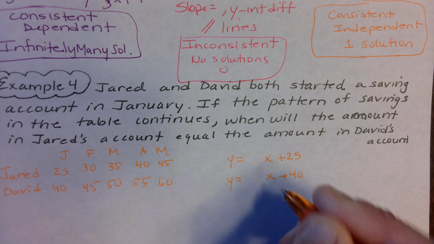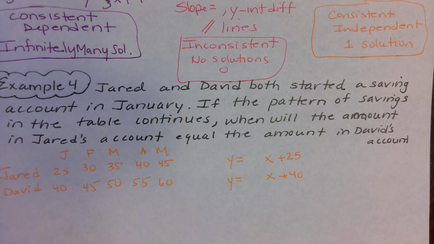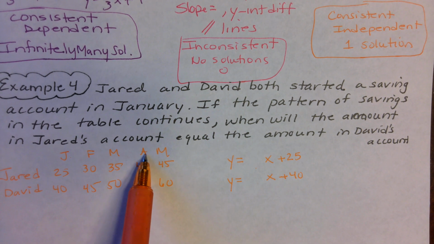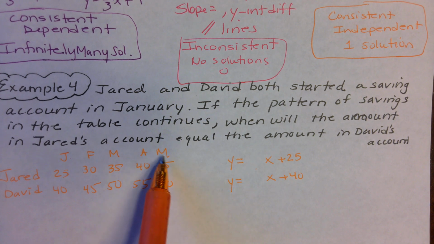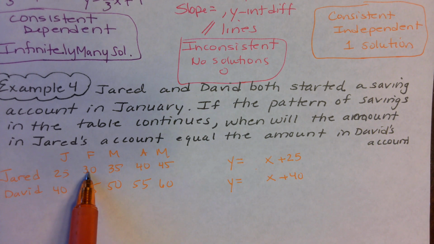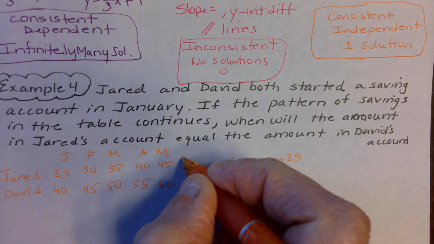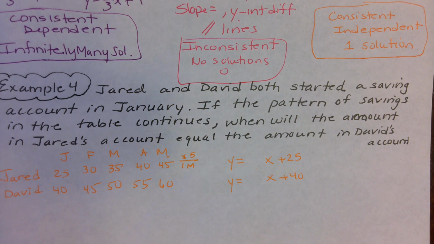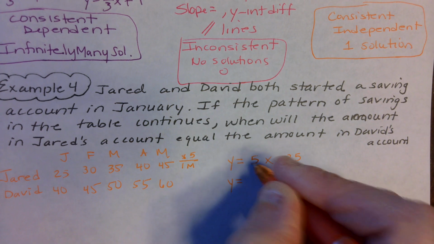And then we just need to get the slopes for each. And that's the rise over the run. So it's like, how much money are they putting in over how many months are in between here? January, February, March, April, May. So they're going by 1 month intervals. So this person is going up $5 each month for 1 month. So that's a slope of 5 over 1.